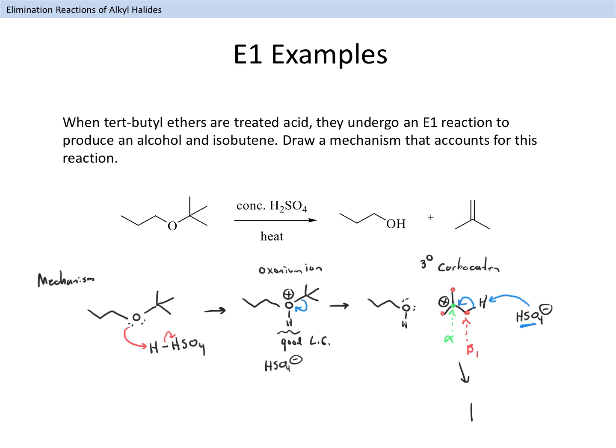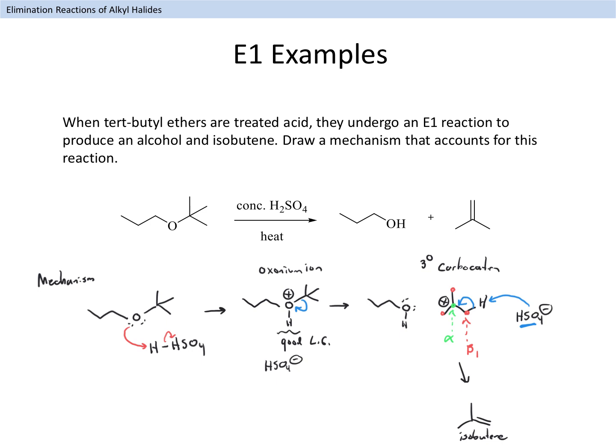In summary, the reaction proceeds as follows. The ether is protonated by sulfuric acid to convert it into a better leaving group. This protonation step is crucial to make the ether reactive. The protonated ether then undergoes cleavage, leading to the formation of a tert-butyl carbocation and propanol. The carbocation then undergoes elimination to form isobutene.